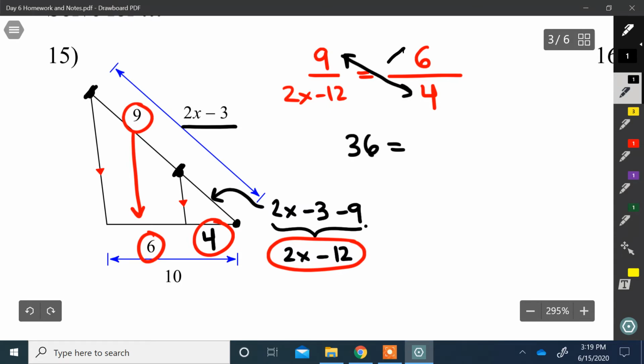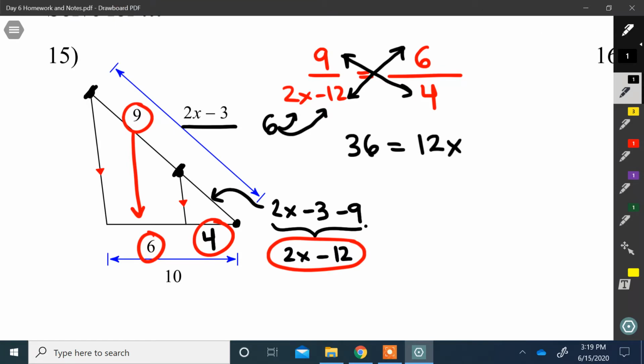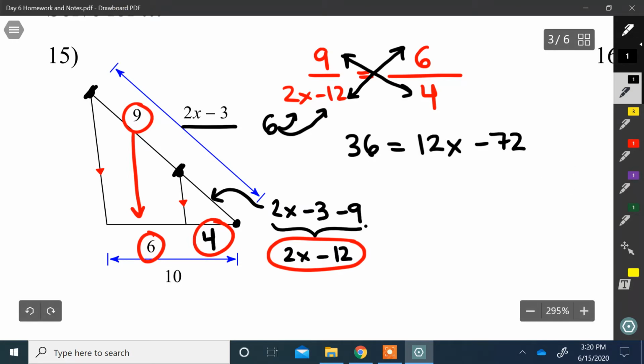And then I'm going to go ahead and cross multiply as well with 6. It's going to be 6 times 2 and 6 times negative 12. 6 times 2 is 12x. And then 6 times 12 is negative 72. We are still solving, so 72 plus 36 is 108.